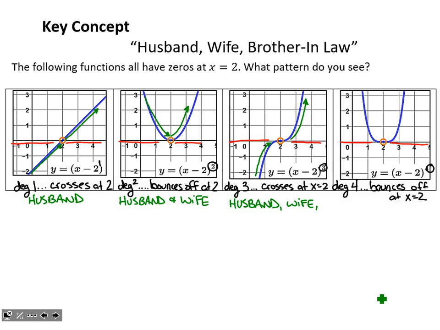Sorry, I'm taking the time to write this out. But there's still a crossing there, but there was that moment of hesitation where it's like, "Oh, should I go in or should I not? Am I allowed to?" But then ultimately, yes, you can pass through. It's the brother-in-law. So that's kind of the situation I think is a very good analogy for seeing these repeated roots and how they affect our graphs a little bit.